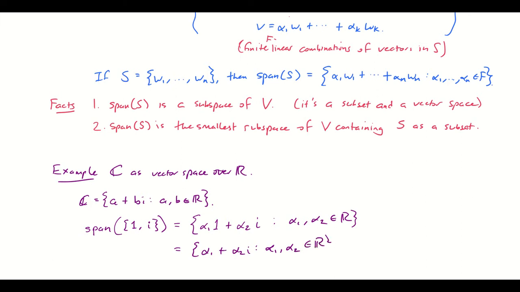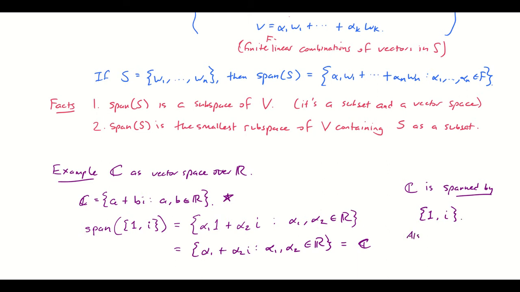And that's really the same thing as the set I just wrote down over here. I just renamed the scalars as alpha 1 and alpha 2. So the span of 1 and i is really just the entire vector space. It's all of C. So one way that we say this is that C is spanned by the set {1, i}.